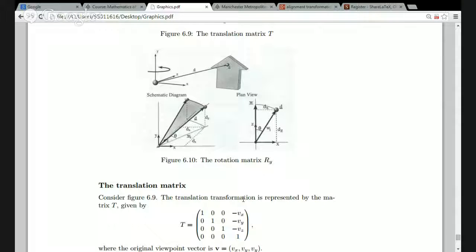Just use magnitude of D for that hypotenuse. Figure 6.11.